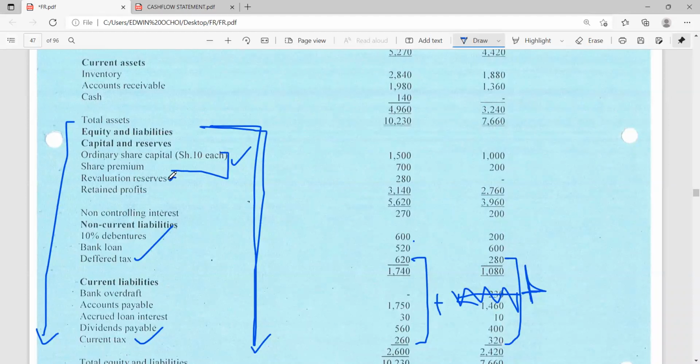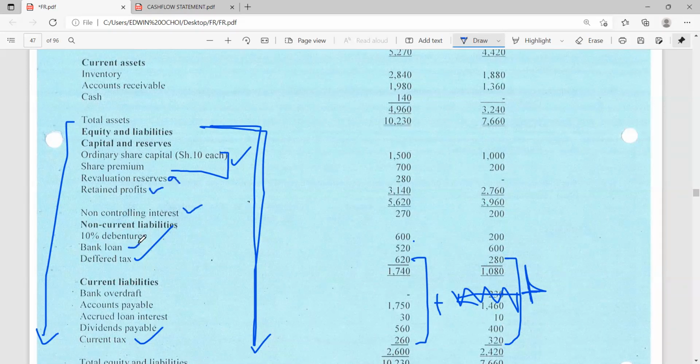For reserves, I don't use it in any manner here. For the retained profit, this one will be used to determine dividends paid by the parent company. For NCI, I will use that one to determine dividends paid to NCI, what we paid to the minority shareholders. For debentures, I will check the amount realized on the issue of debentures.